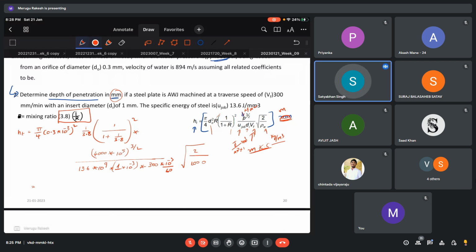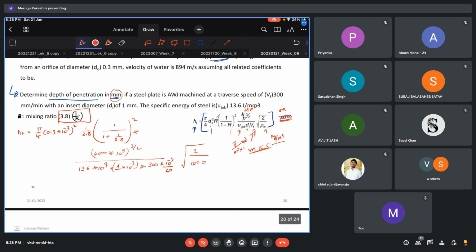Sir, is the answer 20 mm? 20.45? Okay, let us see. 20.4 mm. Just wait for others also. The answer given in this is 77.6 mm.